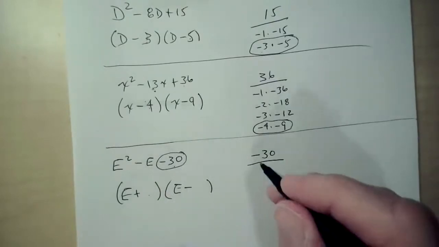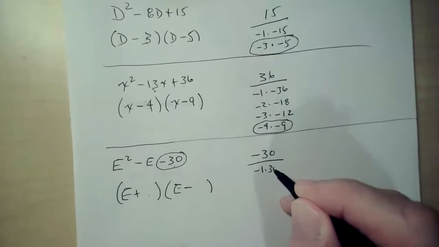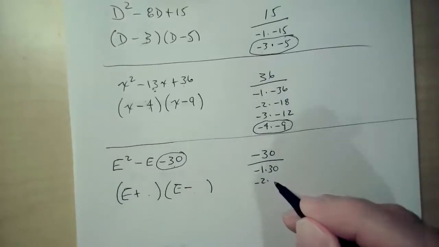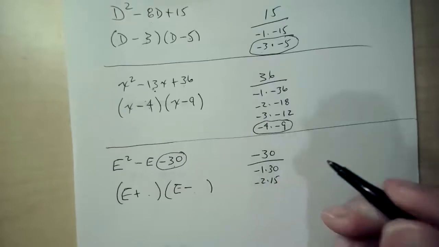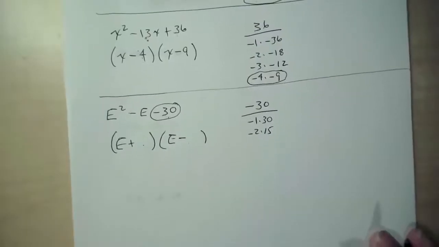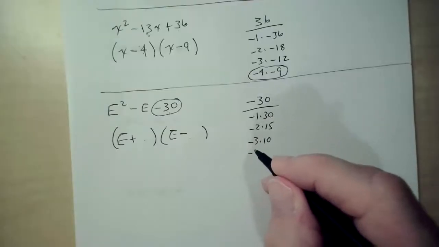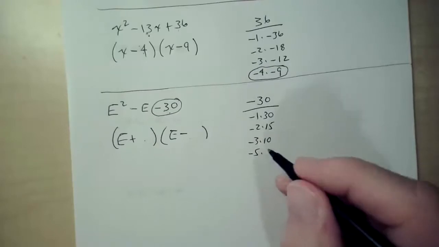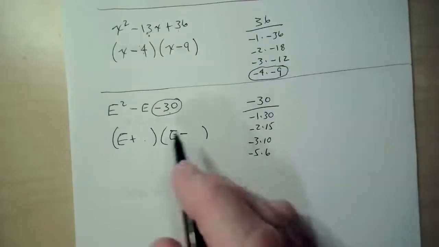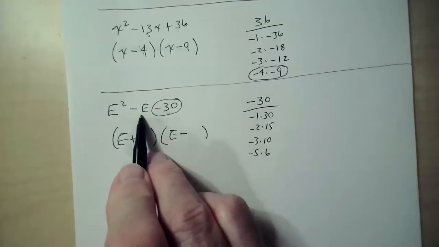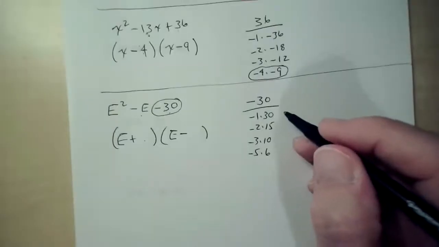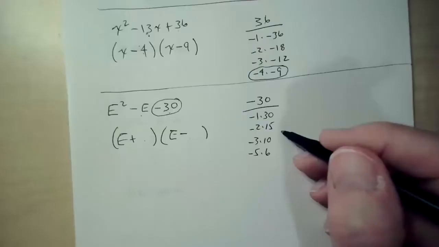So what are the factors of -30 that combine together to give us -1? -1 times 30, -2 times 15, no. -3 times 10, no, -4, -5 times 6. Will that give us negative 1? Yes. No, 6 minus 5 is positive 1. It would be -6 times 5. Excellent.